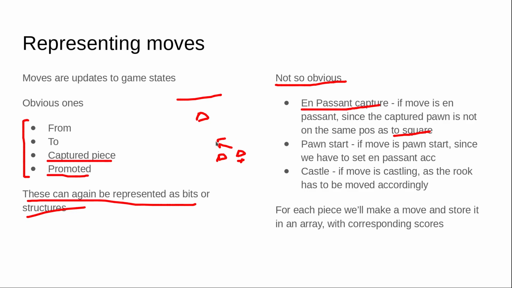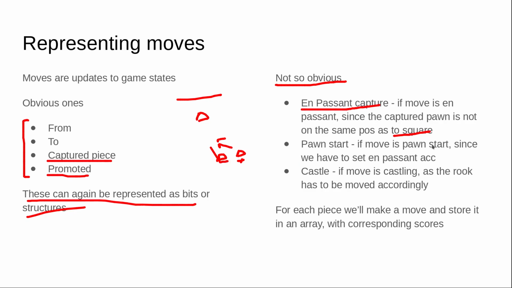So I need to tell the computer that the move is an en passant move, so it can update the game state accordingly and remove this pawn from the board.